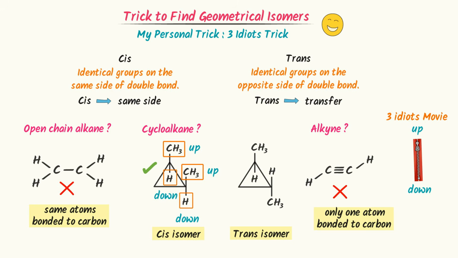I mean, alkyne contains a triple bond. Two bonds are not possible on carbon. Thus remember that geometrical isomerism is not possible in open chain alkane and alkyne, but it is possible in cycloalkane, hence note it down. Now we will learn the important concept of Z and E form.